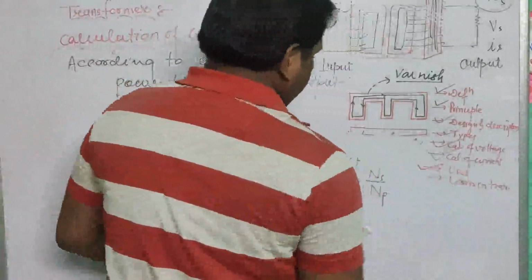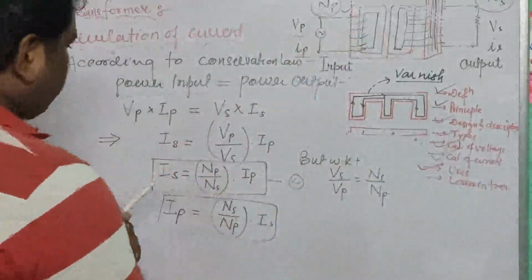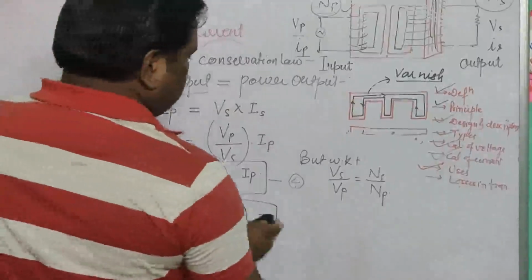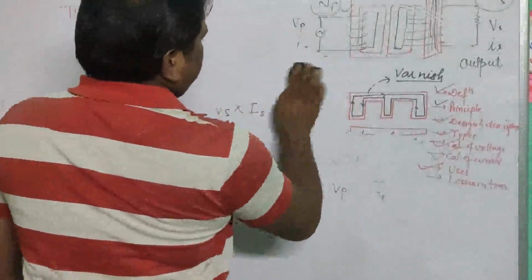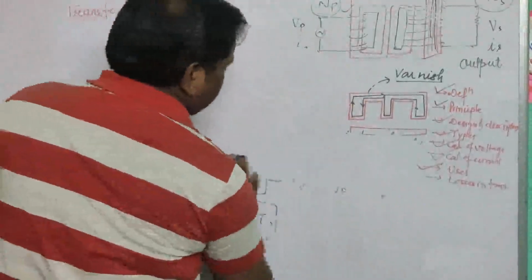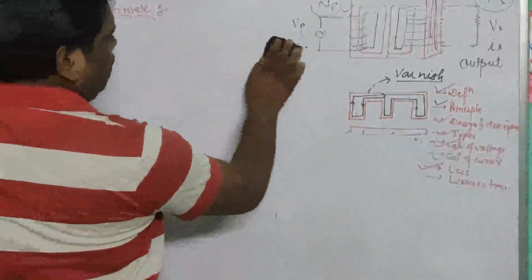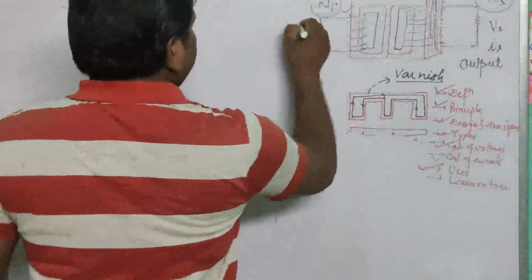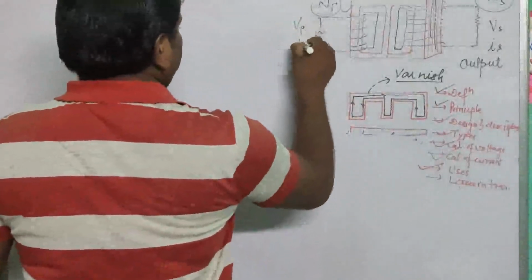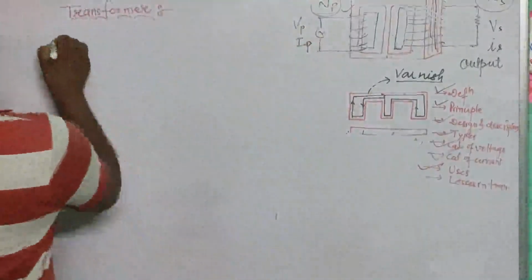Next point C, uses of transformer. What are the uses of transformer? A transformer is used for many purposes, a few of which are these. This is actually Vp and this is Ip.